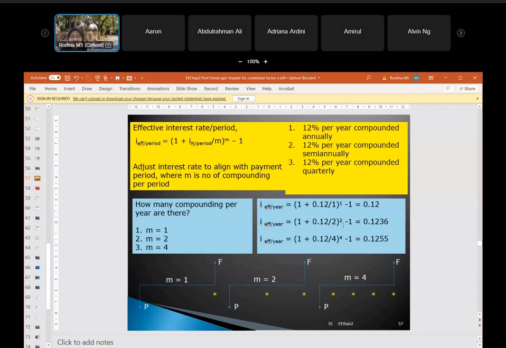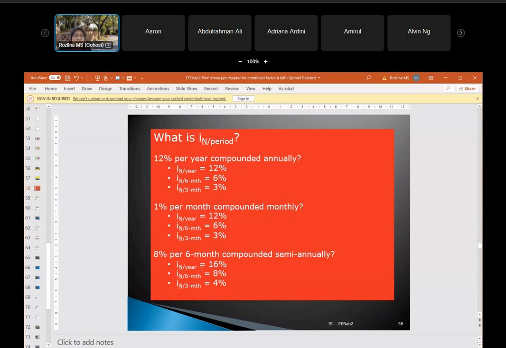If 2 years, you have to multiply by 2 again. If 3 years, then 2 times 3. But here it is the same. For compounding 4 times, 12% divide by 4 and compounding 4 times. This is all in a year, only 1 year. This one just read, nothing special.